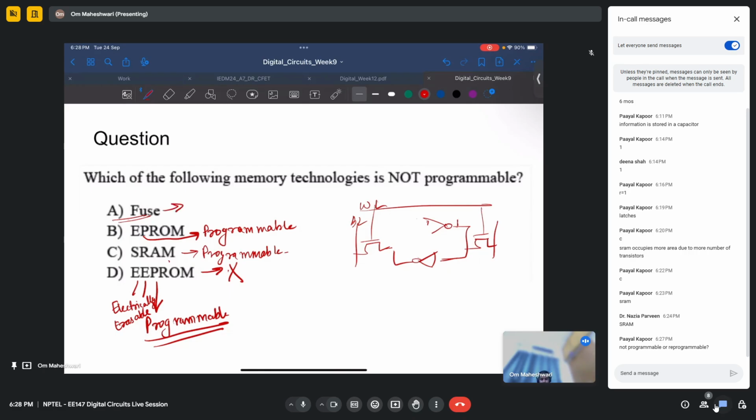Fuse means you have permanently joined two connections. Let's say there is some connection, some A, B, or C is coming, so you have permanently joined these connections. That is like a fuse. Once it is permanently joined, you cannot change it, so it is not reprogrammable. So the answer is fuse.